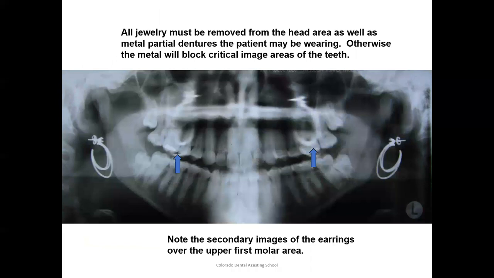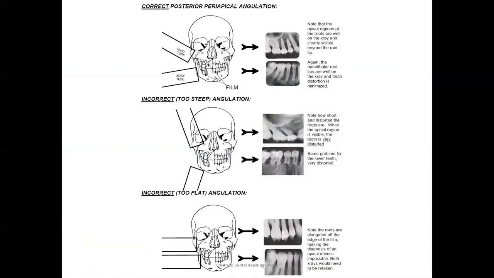Jewelry needs to be taken out, whether it's earrings, a lip ring, tongue ring, nose ring, anything that's going to get in the way and interfere with the x-ray. If that happens and it ricochets and now you can see it in here and it's hard to see these teeth because of it, we will have to retake it. And again, that will be unnecessary radiation. So let's make sure and think ahead and keep our patients safe.